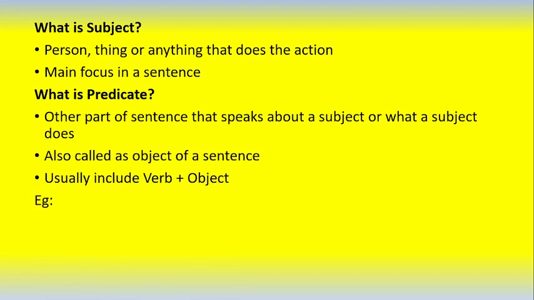This is the example I have taken. India is the fastest growing economy. As you all know, India is the fastest growing economy in the world. Now let us understand what is subject and what is predicate. Predicate includes verb and object.